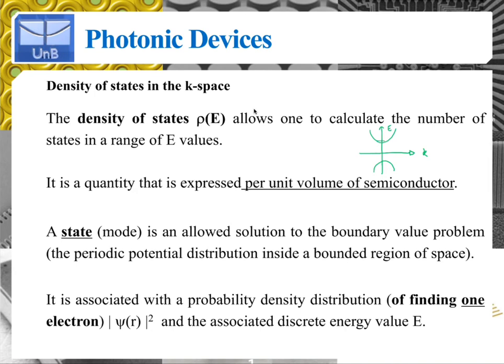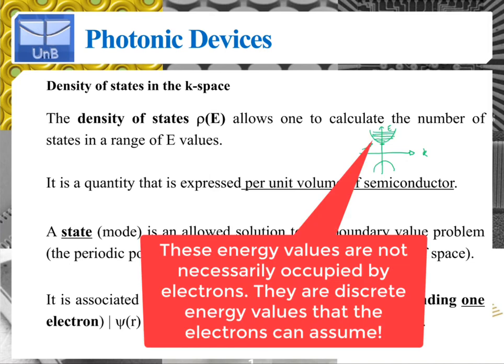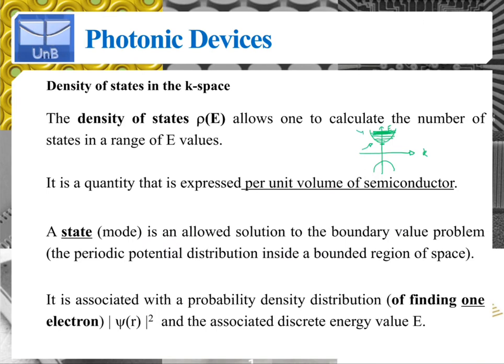You might have, for example, fewer states close to the band edge, and a smaller density of states, and a larger number of states as you go up in the band. So you have a larger density of states up here than you have down here. Down here they are more spaced apart, whereas up here they're closer together.